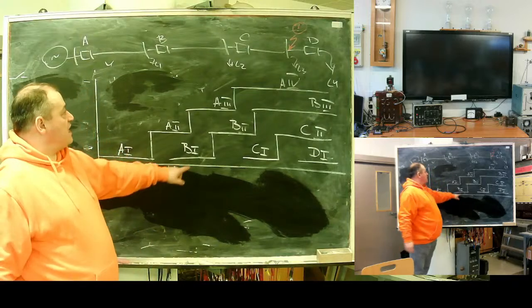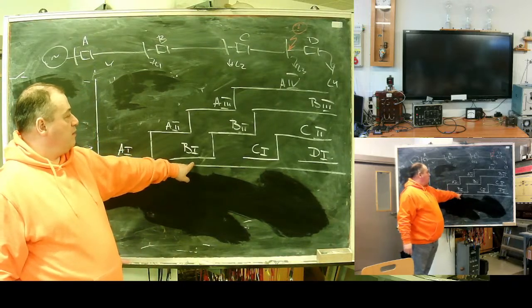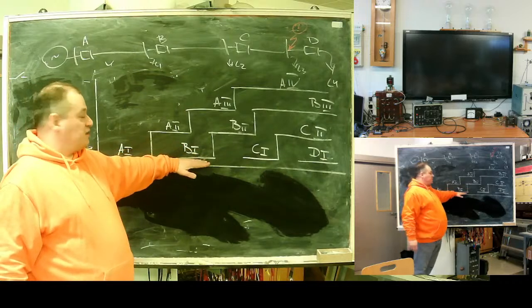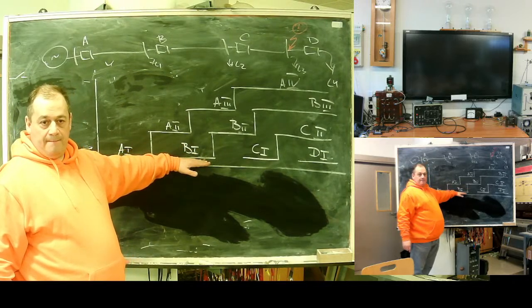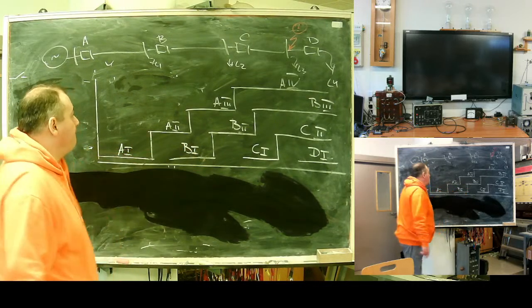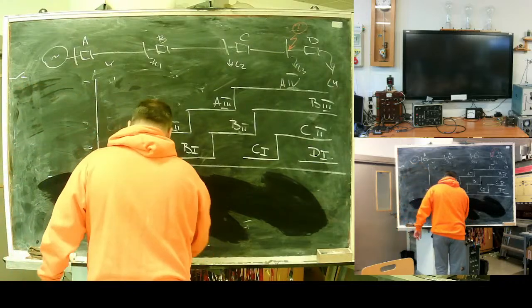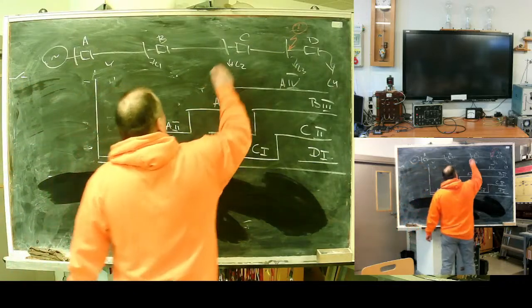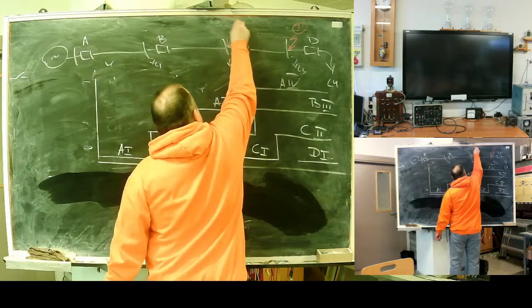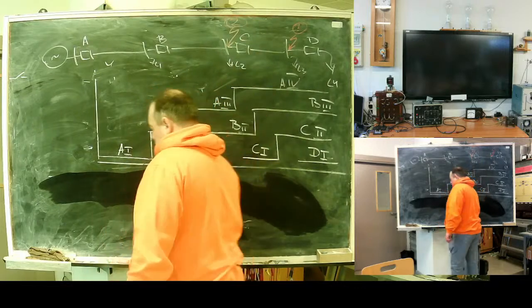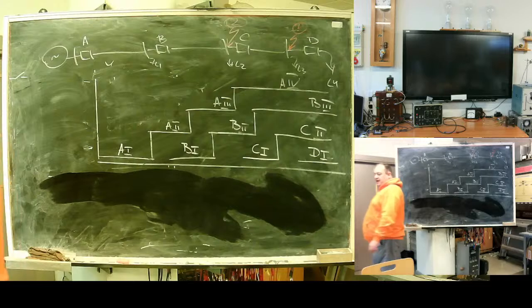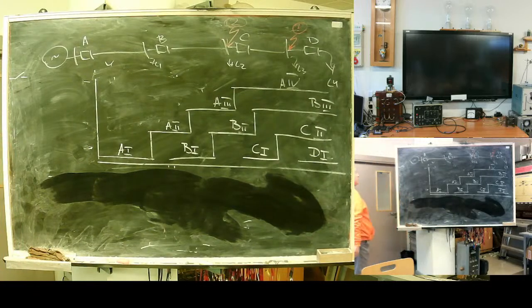Now, section B. What will be the trip current for B1? To know, I need number 2. It's the maximum external current for line B, let's say.